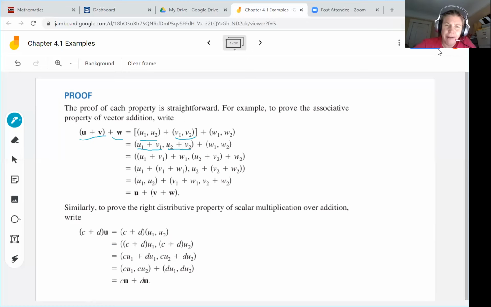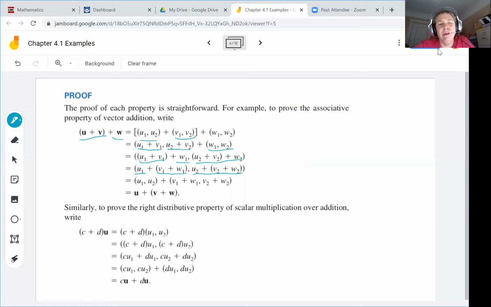And then you're going to be adding w1 and w2. And so then we're going to say, okay, u1 plus v1 grouped then gets added to w1. But we know that you can add in any order with real numbers. So that is just the same as saying u1 plus the grouped v1 plus w1. And similarly for the second component with the u2, v2, and w2.